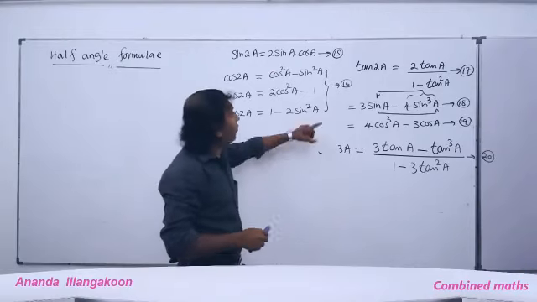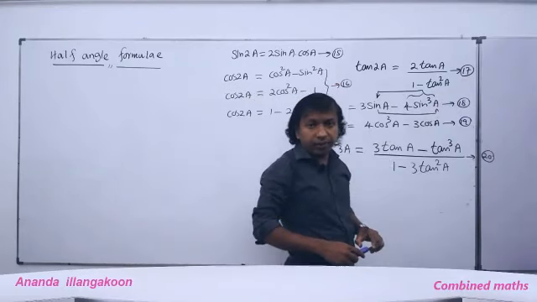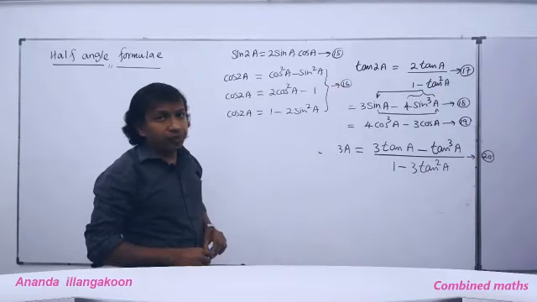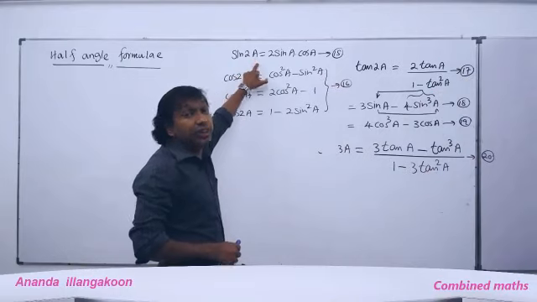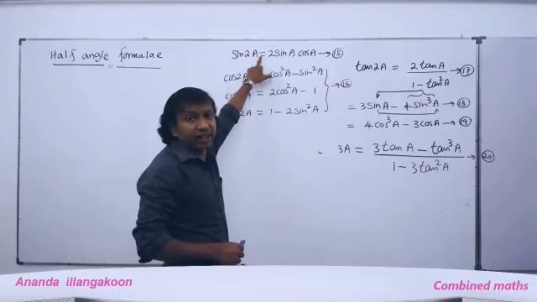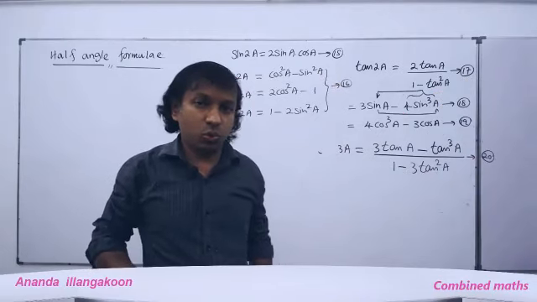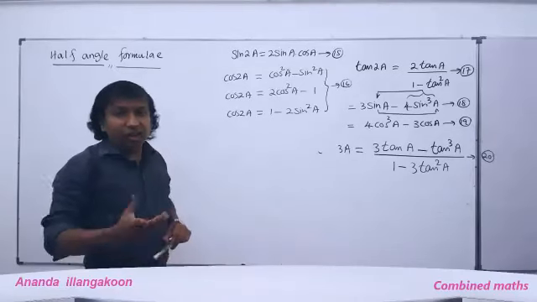In formula number 15, 16, and 17, we substitute for every a, a by 2. Instead of this angle A, capital A, we substitute a by 2. They divide by, then we get half angle formula.